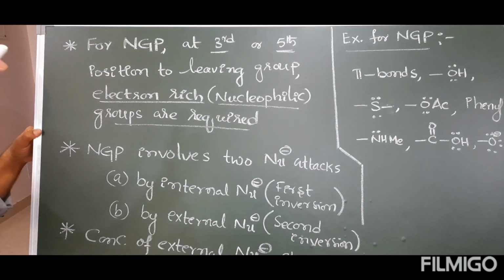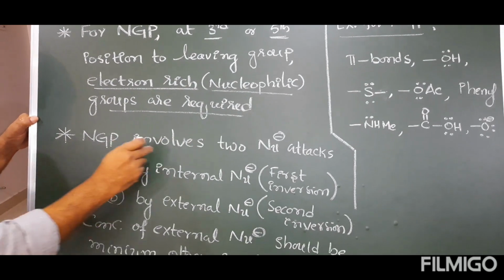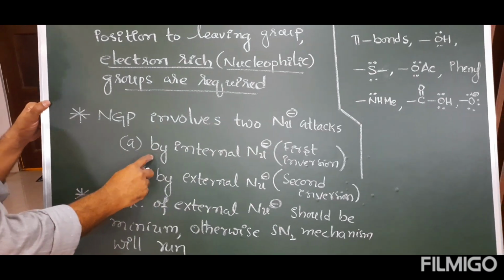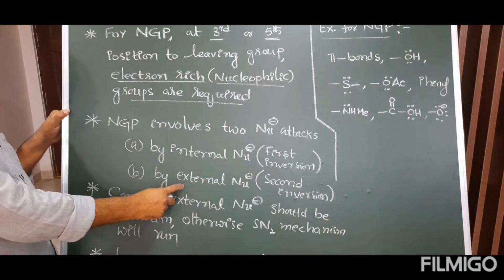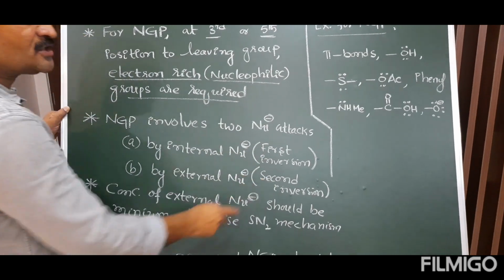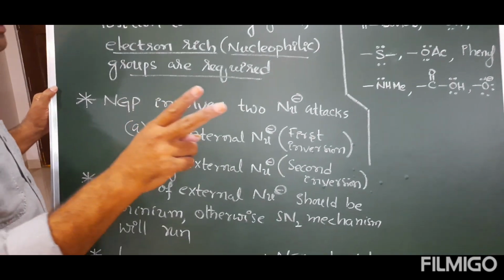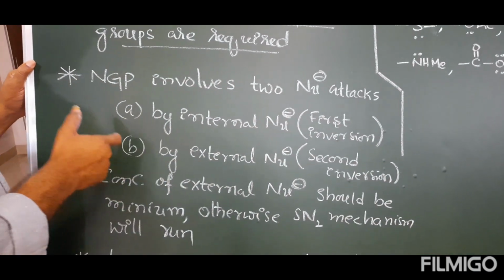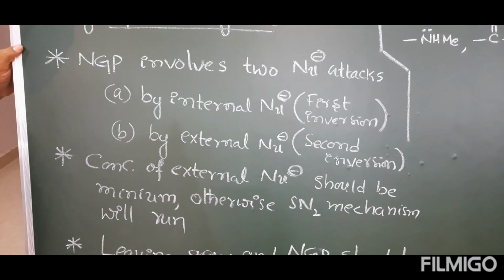This is condition number 1. NGP involves two nucleophilic attacks. One is by the internal nucleophile, another one is by the external nucleophile. It is the first inversion, and it is the second inversion. Because of two inversions, the molecule will get the retention of configuration.